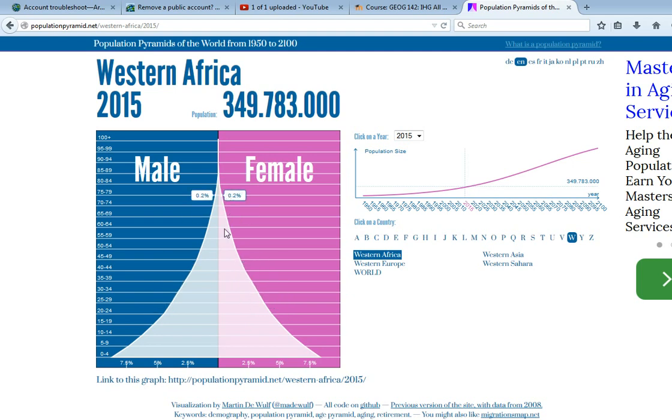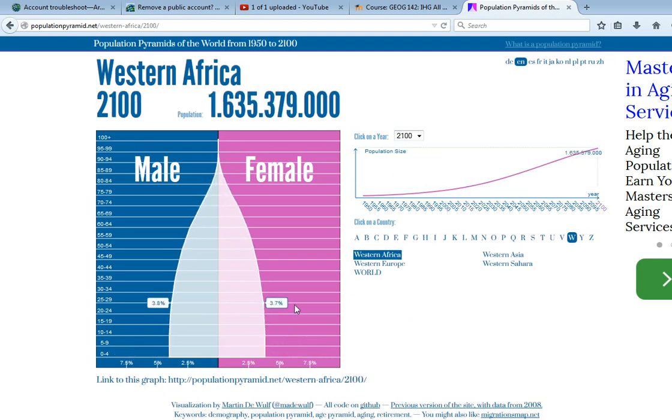Anyway, so we're looking at that kind of continuing a stage 1, just generalized transition. But in 2100, again, we're looking at West Africa as being a more stage 4 population, where it's a little bit more stable, still have some high death rates. It's not completely up and down.